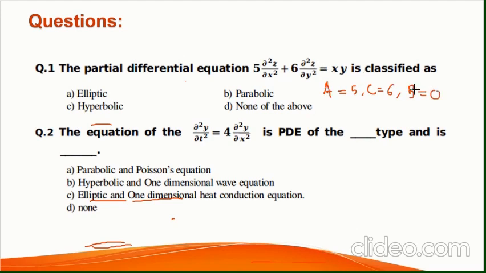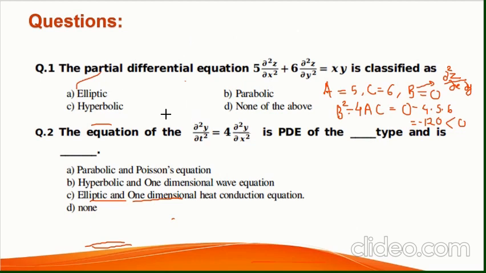Please remember that B is the coefficient of the mixed derivative, ∂²z/∂x∂y, and since we don't have such a derivative in this equation, B equals 0. Now B² − 4AC is 0 − 4 × 5 × 6, which equals −120. It is less than 0, so this is an equation of elliptic type.